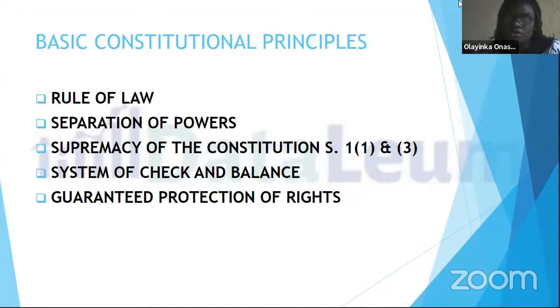So the Constitution only gives life to them by ensuring that this is the basis of our relationship as citizen to government, government to other parts of government, and citizen within ourselves. There are some things you cannot take away from me. It is a part of me. So like your right to life is guaranteed under the Constitution via Section 33. That is, this person has a right to be alive.